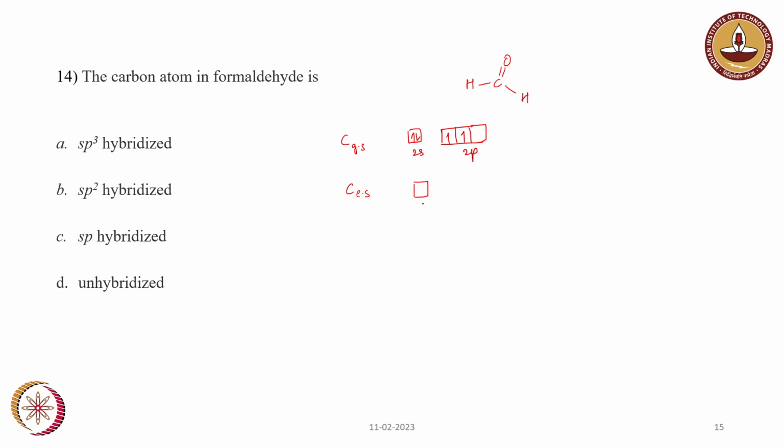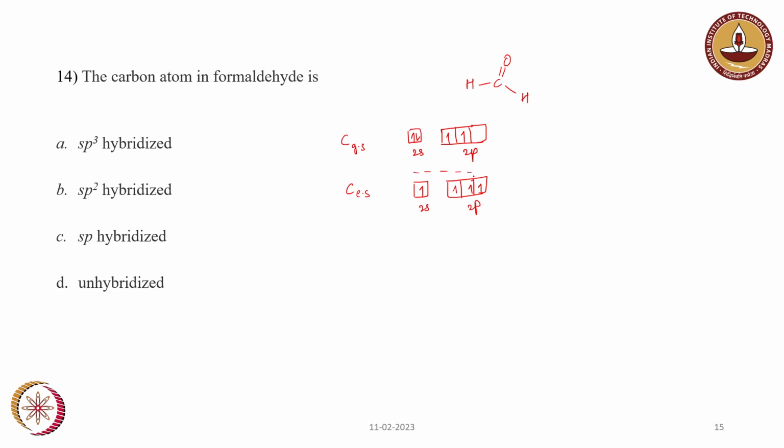So 2s and 2p, one electron in each of the p orbitals. We should note that there is a pi bond forming. To form a pi bond with oxygen, it will need one unhybridized p orbital.